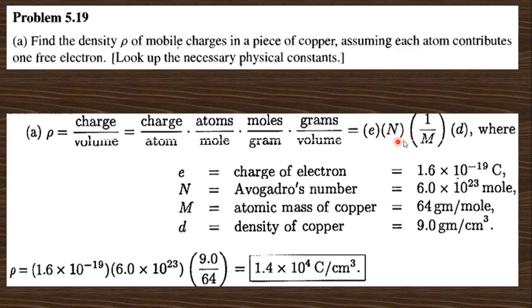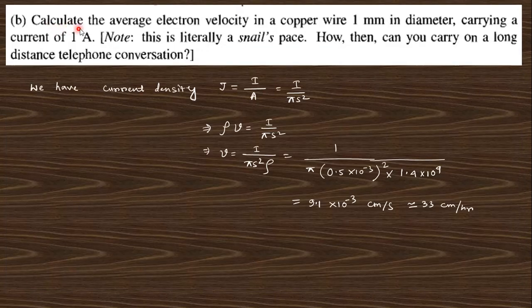Atom per mole is Avogadro's number, mole per gram is 1 by m, where m is the atomic mass of copper, and gram per volume is the mass density of copper. If you put in these values, you will easily get the charge density of the copper wire.